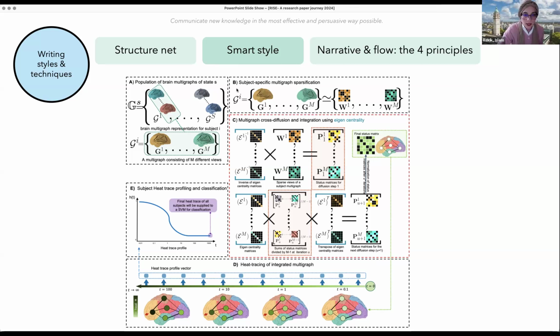Now B, let's see if we can read this. Subject-specific multigraph sparsification. So you have here the different graphs, G1 to GM. This is a multigraph, and a multigraph is defined as a set of matrices concatenated or superimposed together that defines a tensor. So here you have W1 to WM. This is the matrix of this brain graph, okay?